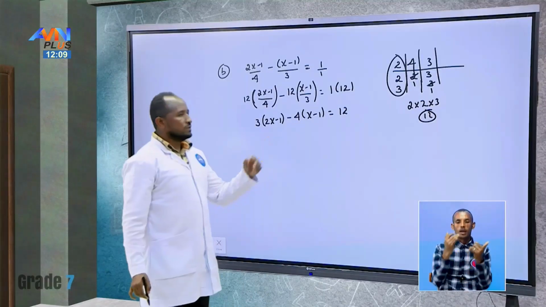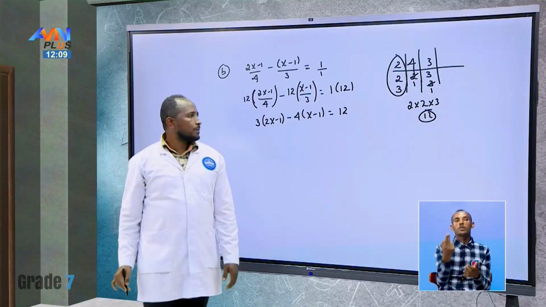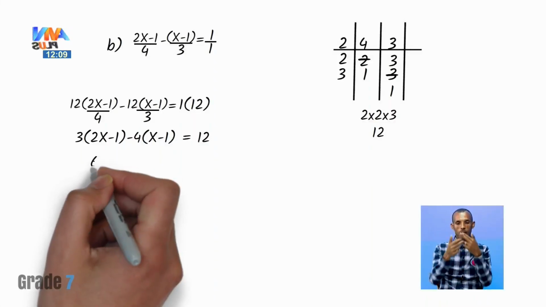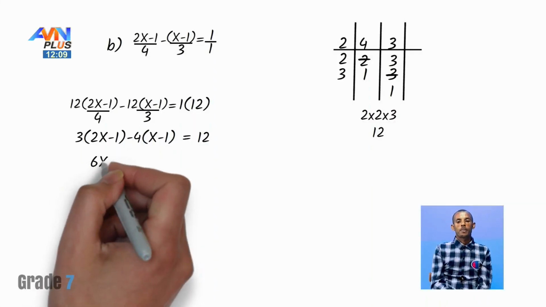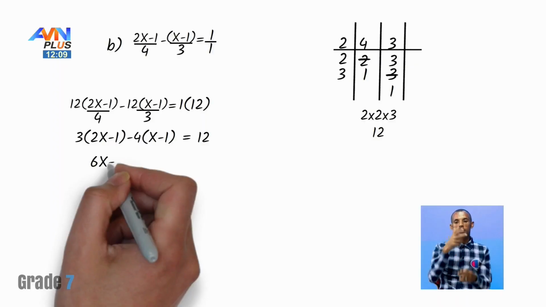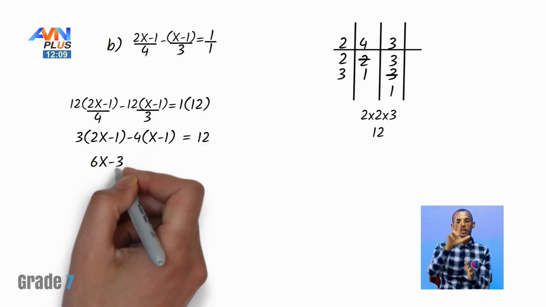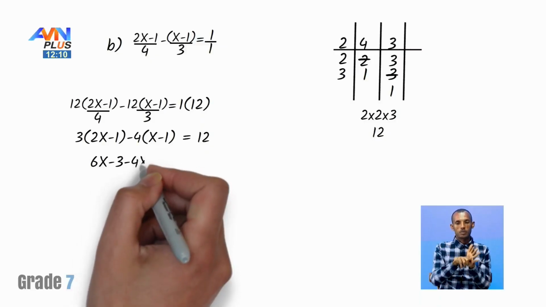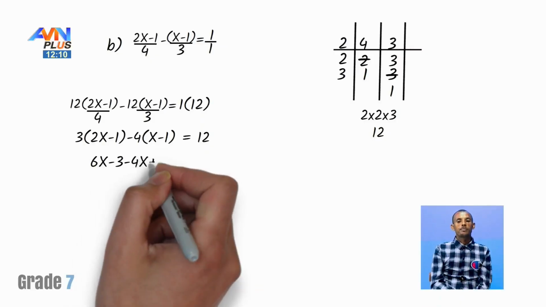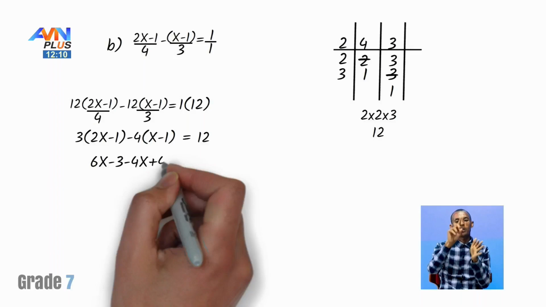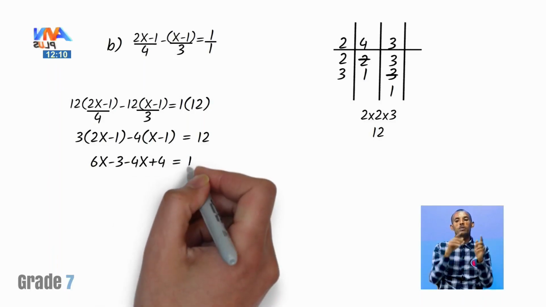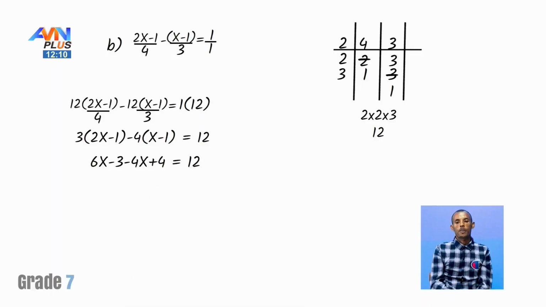Now, let's solve this using the distributive property. Multiply each by 3. 3 times 2x is 6x. 3 times minus 1 is minus 3. Minus 4 times x is minus 4x. Again, minus 4 times minus 1, this minus becomes plus, positive 4, is equal to 12.